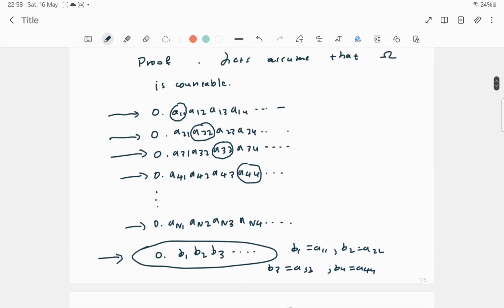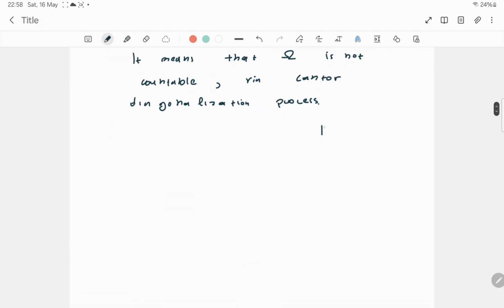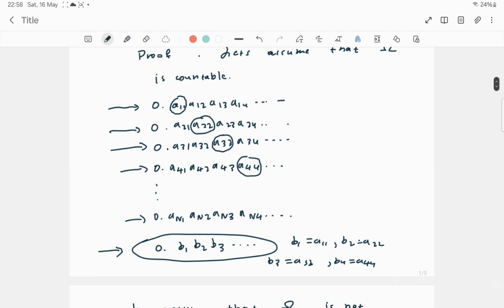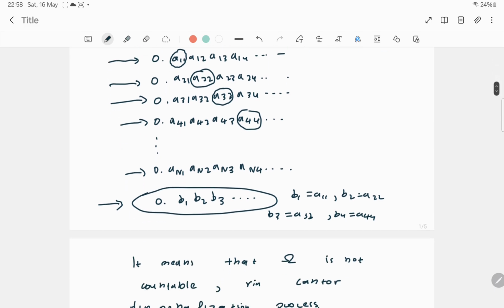So it's basically a proof by contradiction. We start listing all the elements in this set by decimal representations, and we see that we have these digits on the diagonal, and we can use them to write another number, but this number is not included in the above list.